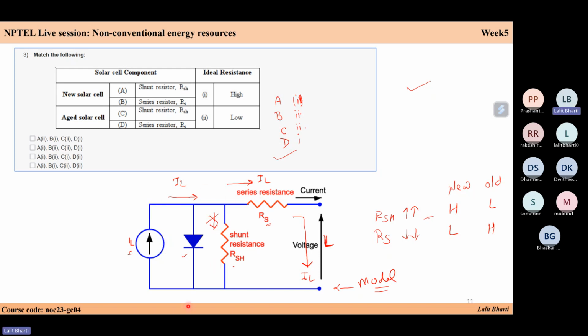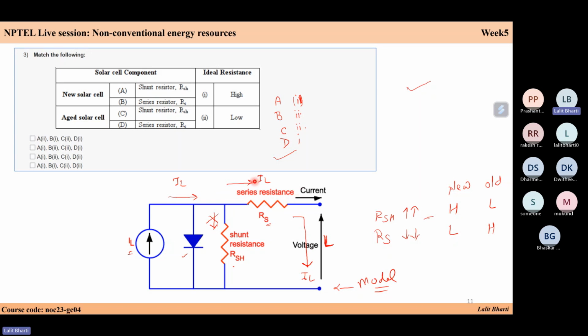Let's say this whole portion is your solar cell with the current and your PN junction. Current is flowing in this direction, and your whole current should pass through your load. This is your IL, the load current.